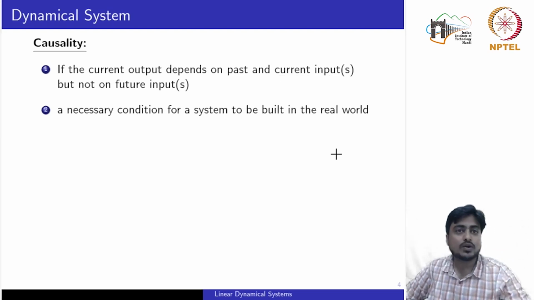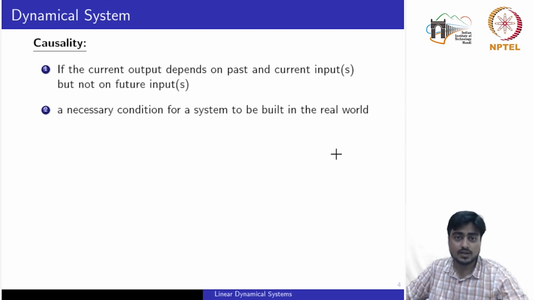So one of the most important properties of the dynamical system is the causality. We define the causality in the sense that if the current output depends on the past and current inputs but not on the future inputs, we say that the system is causal. Now causality is basically a necessary condition for any system to be built or physically implementable or realizable in the real world.